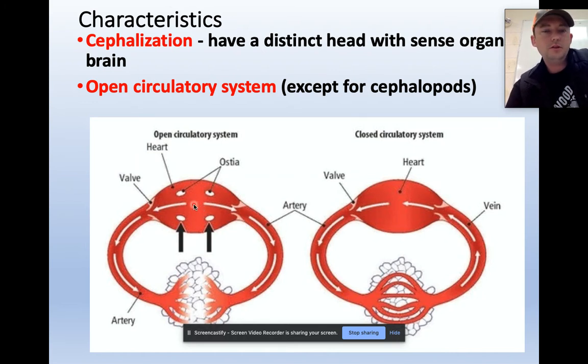Again, we still have the hearts. They're going to pump blood away through the artery just as before, but instead of it being completely closed, like a closed circuit in an electric house or whatever, these guys are going to simply have a little bit of a break where the blood is allowed to diffuse, operating in kind of a cesspool.